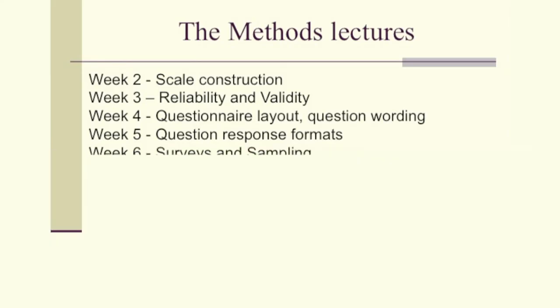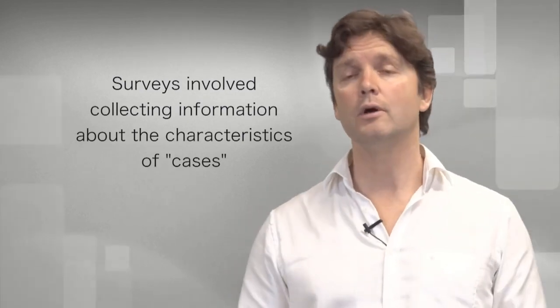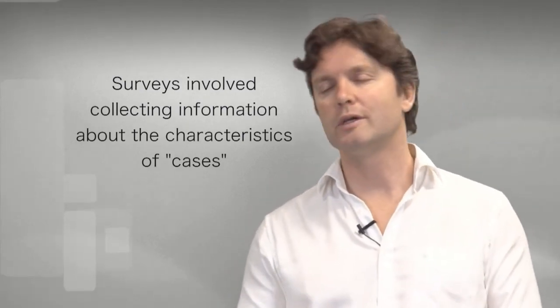In the week 6 method lecture, what we're going to be looking at is the introduction to survey research. Now, surveys involve collecting information about the characteristics of cases, which usually means people, but it could mean neighbourhoods, organisations, clubs, cities, or even other units of analysis. And it could be collected not just in psychology, but in economics and a whole heap of other disciplines. Surveys are collected primarily for two reasons.